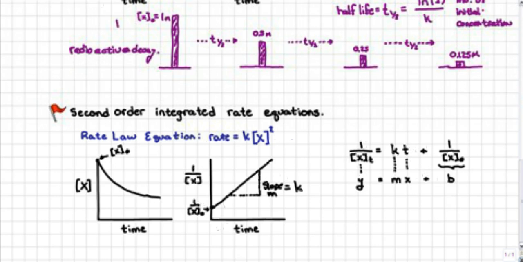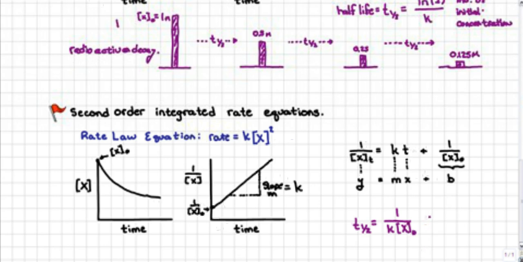To finish this off, we have to say a word about the half-life, and the half-life for a second-order reaction can be calculated, again, and is known to be equal to 1 over k, the reaction rate constant, times the initial concentration of X, whatever that happens to be.